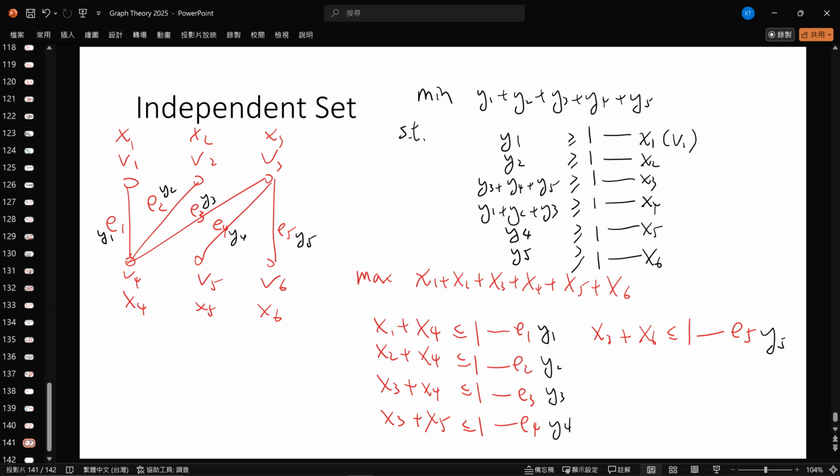Okay, and the left-hand side is just the dual variables for the edges incident to that vertex. Okay, so for x4, let's consider v4, and v4 is incident to these 3 edges, e1, e2, and e3. So we take their corresponding dual variables. They will be the left-hand side. Okay.